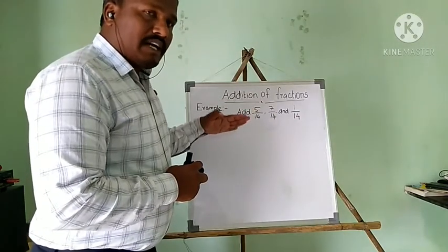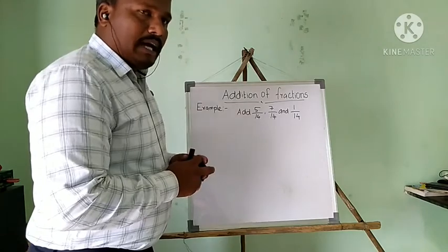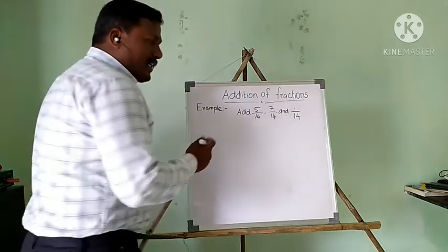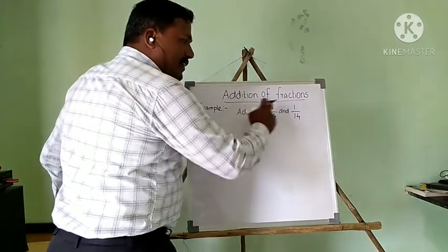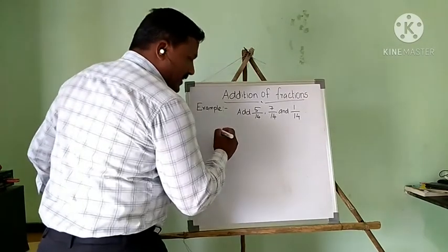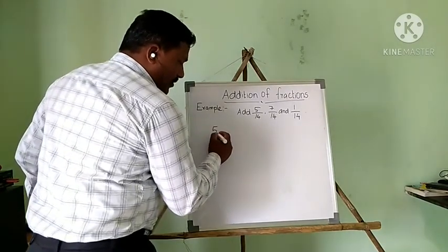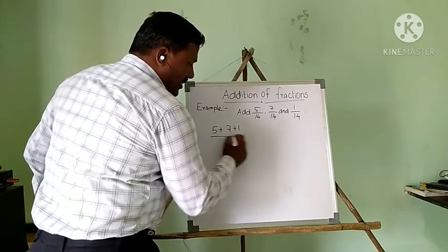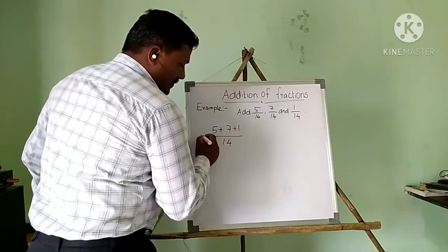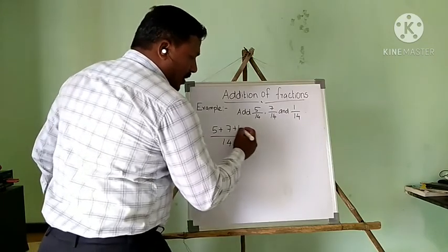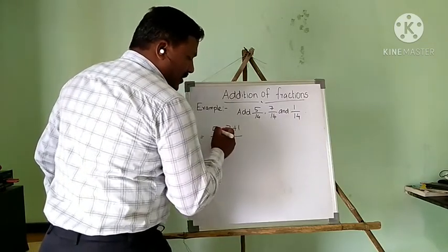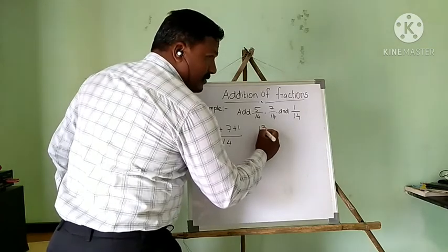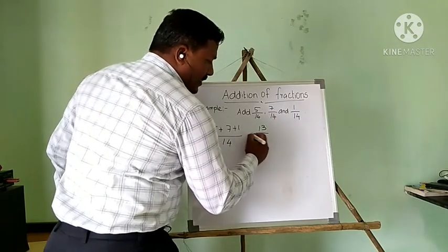If you add this kind of fraction, you can simply keep the denominator the same, then add the numerators like this: 5 plus 7 plus 1 upon 14. If you add all this, 8 plus 5, 13 divided by 14.